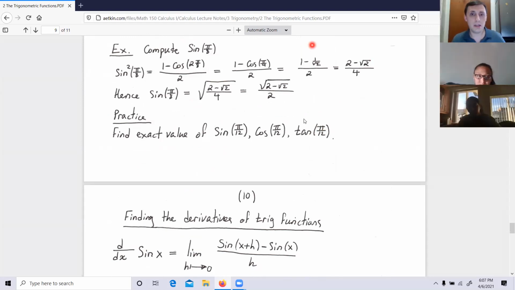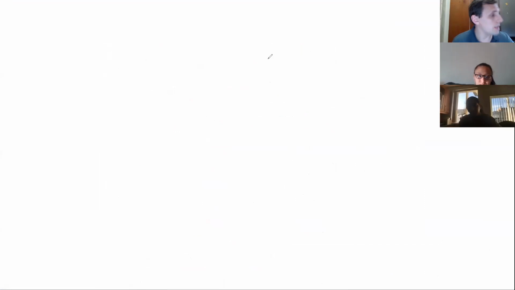Remember, guys, that we had two formulas for the derivatives. We had the one with limit as h goes to 0, and one that we wrote this way. Here they are.